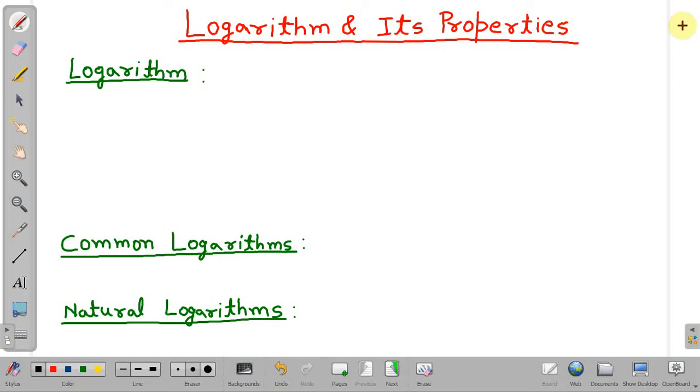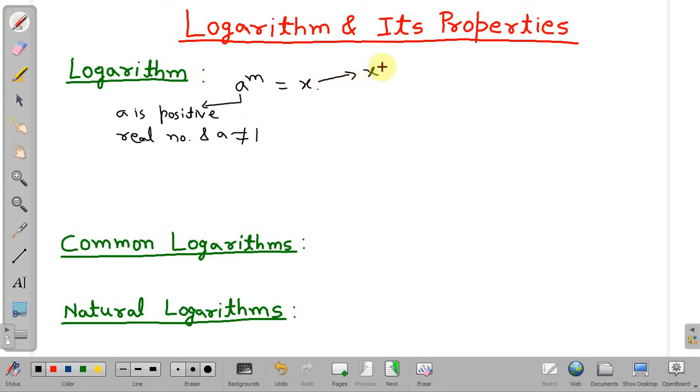In this lecture we will discuss logarithm and its properties, and we will solve some problems based on the discussion. Okay, so coming to logarithm, what is logarithm? See, if a is a positive real number other than 1 such that a to the power m equals x, where a is a positive real number and a is not equal to 1, that is, a is greater than 0 and less than 1, or a is greater than 1, and x is a positive real number, x is greater than 0.